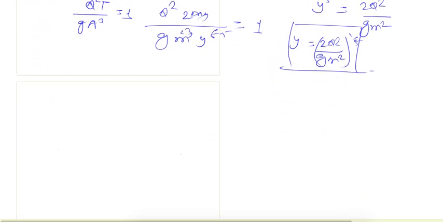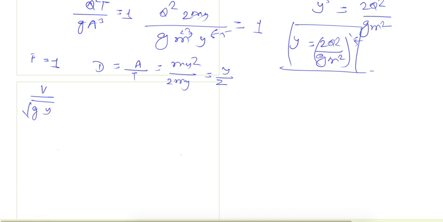And as we know, Froude number is equal to 1, and in this case hydraulic depth D is equal to A by T, which is equal to A as my square, and top width which is equal to 2my, so D is equal to y upon 2. If I put it in the Froude number formula, which is V upon under root g y by 2 equal to 1. From here V square upon g is equal to y upon 2.